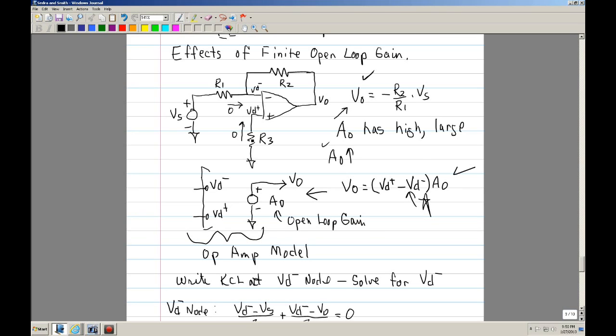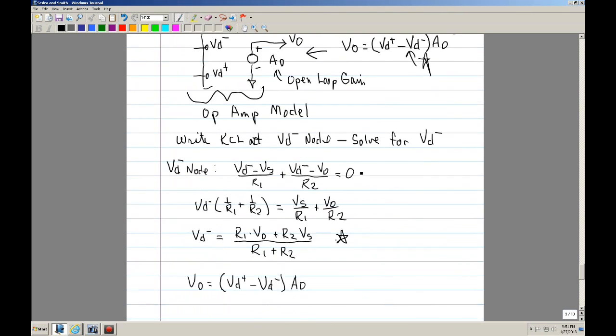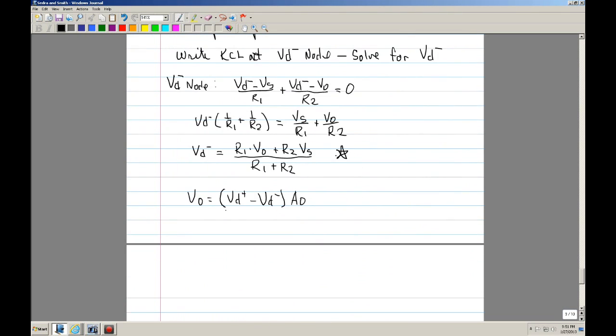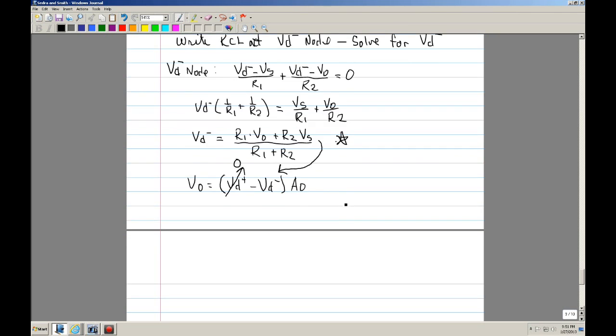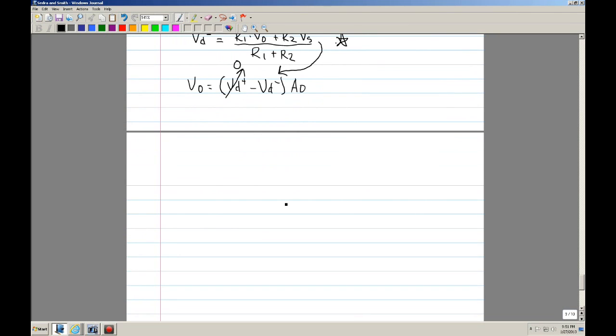If it's 0, there's no voltage drop across R3, therefore VD plus should be 0. So now we plug this into there. That's the next strategy.